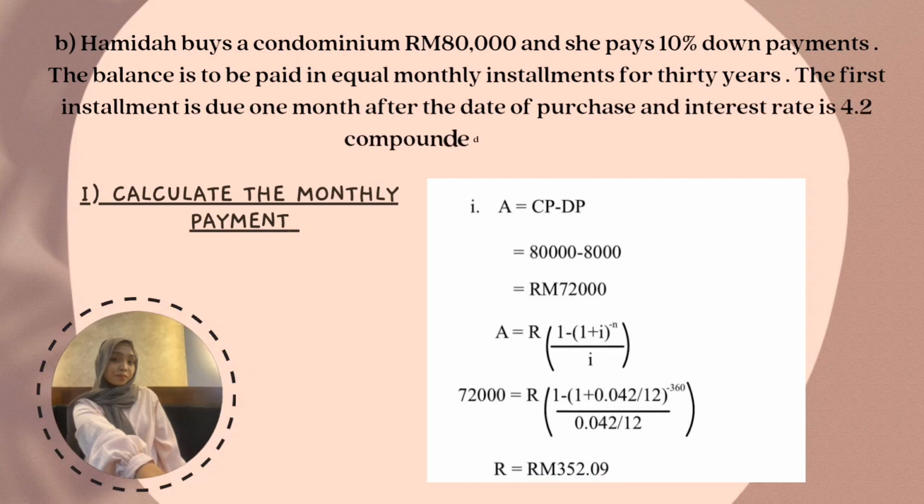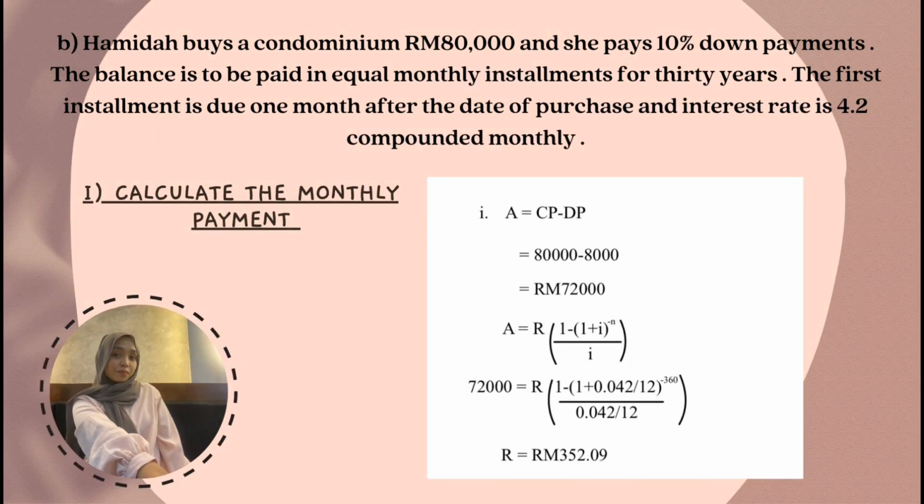Question B. Hamidah buys a condominium for 80,000 ringgit and she pays 10% down payment. The balance is to be paid in equal monthly installments for 30 years. The first installment is due 1 month after the date of purchase and interest rate is 4.2% compounded monthly. To answer this question, A equals CP minus DP, 80,000 ringgit minus 8,000 equals 72,000 ringgit.